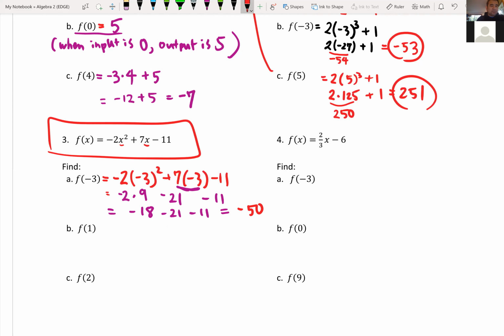Next question, f of 1. That should be a little bit easier. It will be negative 2 times 1 squared, which is 1, plus 7 times 1, which is still 7, minus 11.